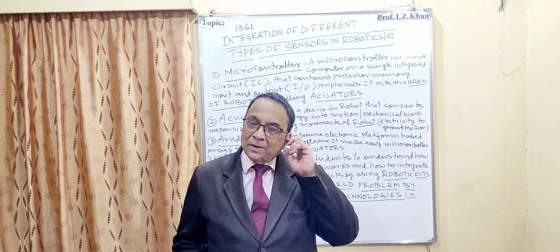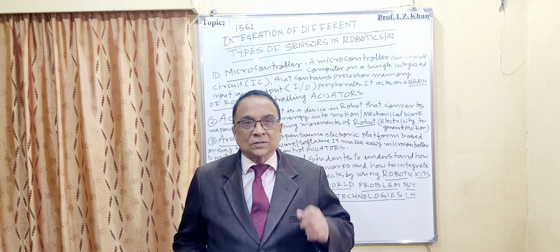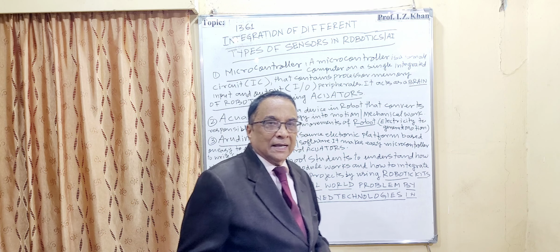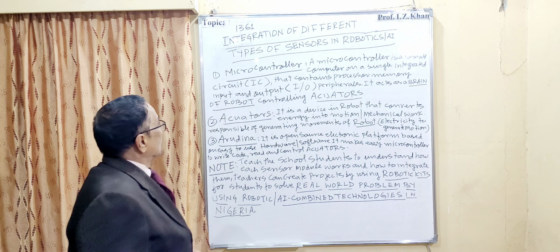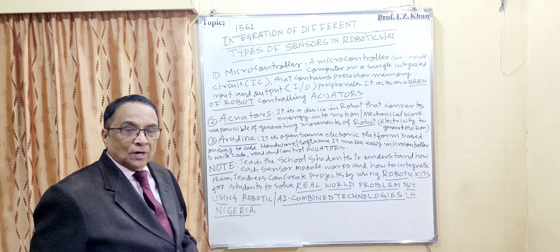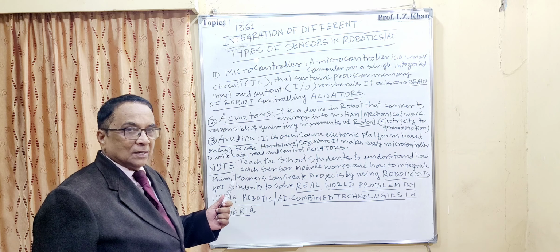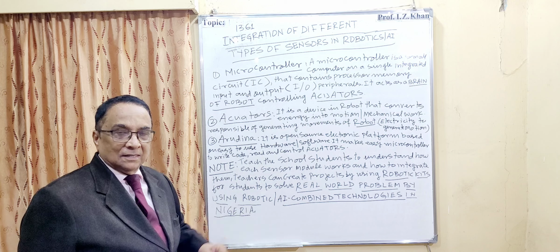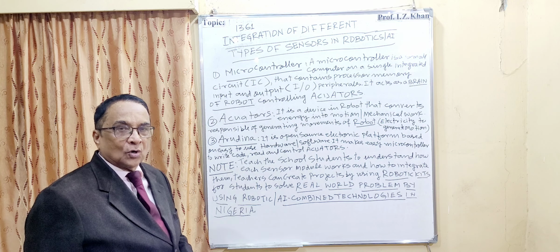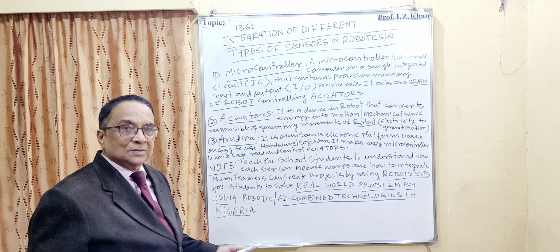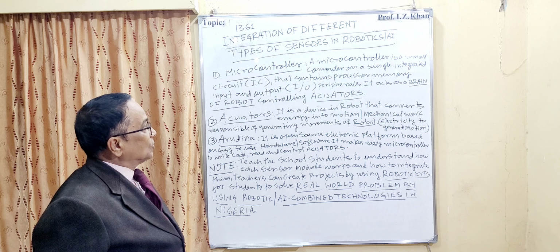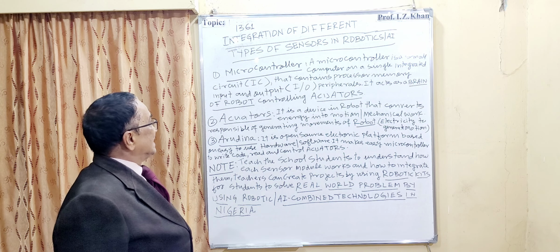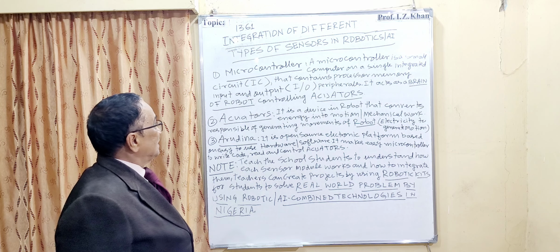So here I have given the definition of some words which are very frequently used in robotic and AI combined technology. Number 1 is the microcontroller. You might have noticed that everywhere I am saying, when you are integrating any sensor, just integrate it to a microcontroller. So what is a microcontroller? A microcontroller is a small computer on a single integrated circuit, that is called IC.